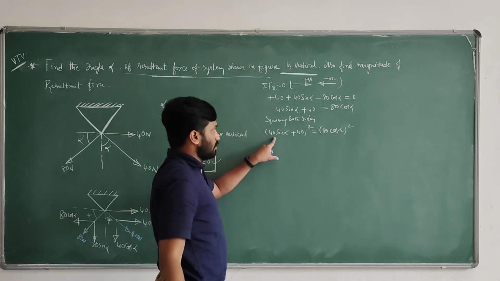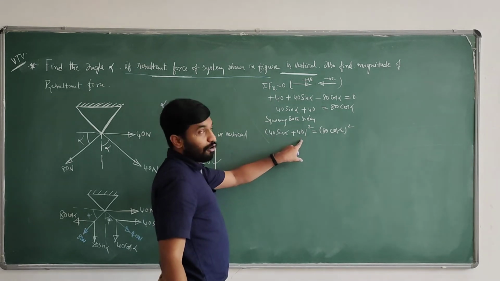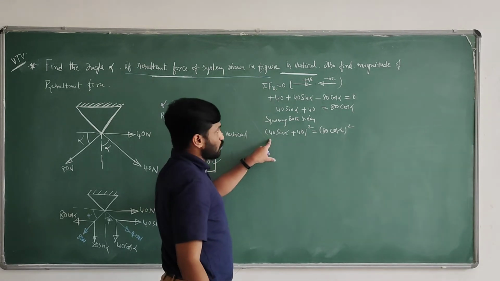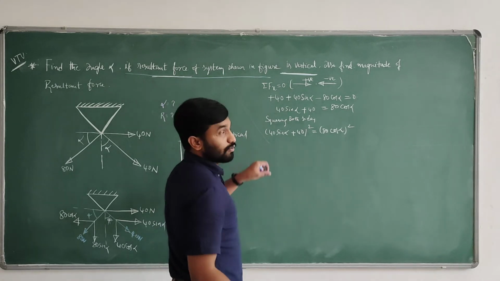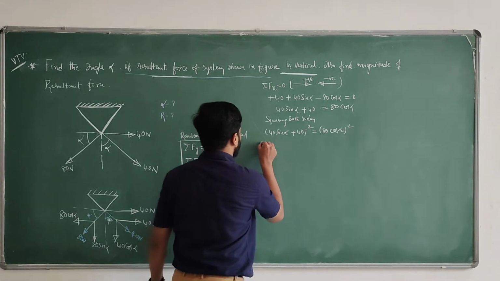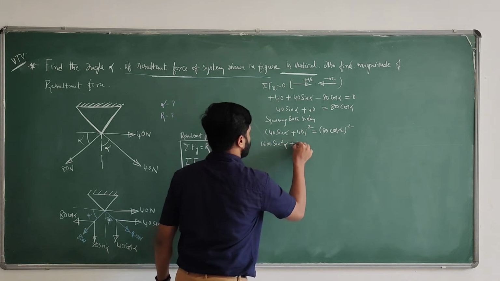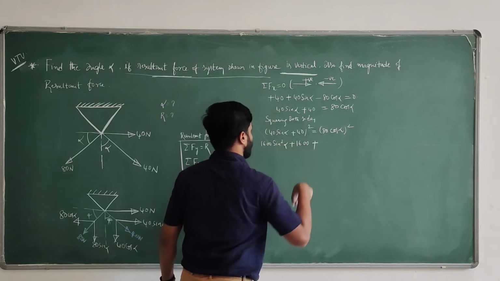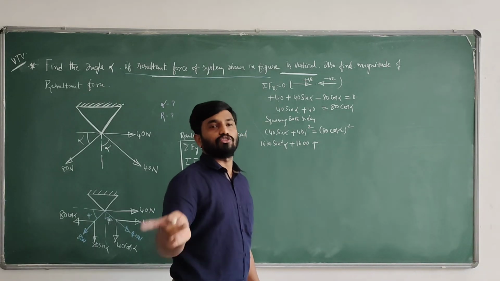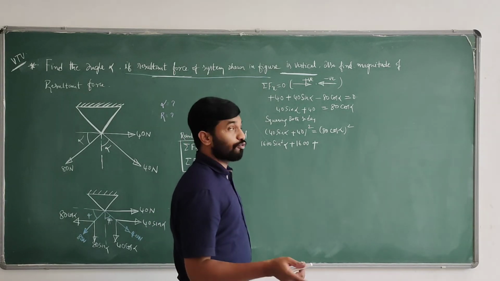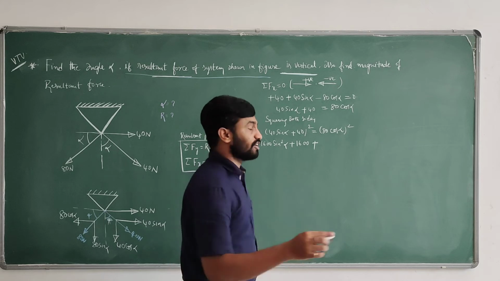The a value is 40 sin alpha and the b value is 40. So what is a square? 40 square, what is 40 square? 1600. So 1600 sin square alpha, plus b square 1600, plus 2ab, 2 into 40 into 40, which is 3200.